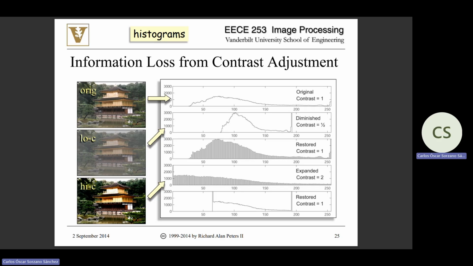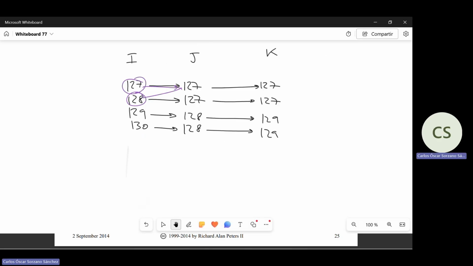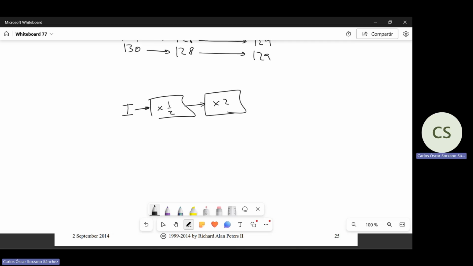So this is first you increase. Let's draw it. You have an input image. First, you multiply by half, and then you multiply by 2, and you have K1.